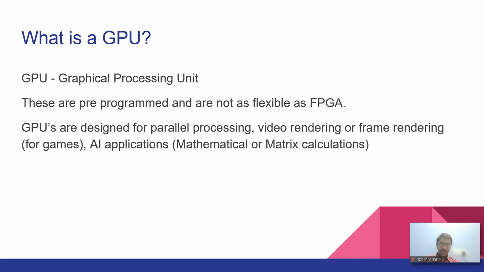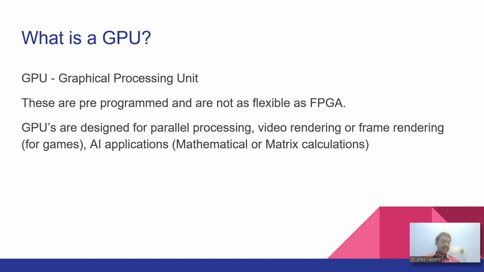So moving on, what is a GPU? GPUs are commonly known as graphical processing units. These are pre-programmed and are not as flexible as FPGAs. GPUs can now be programmed up to a sort, but not completely.